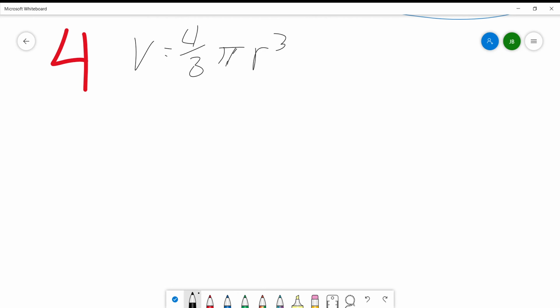So let's do it. The radius is 9. 9 times 9 times 9 is 729. 729 times 3.14 times 4, divided by 3, equals 3,052.08.